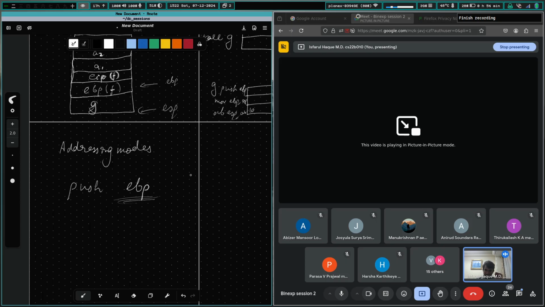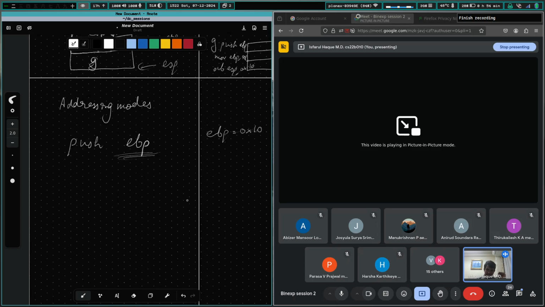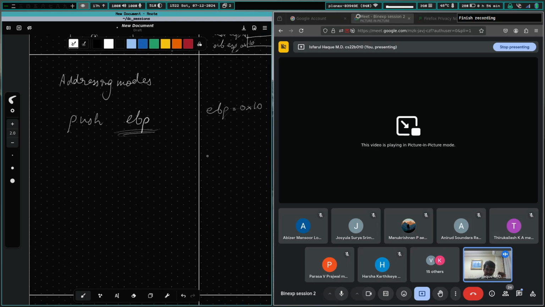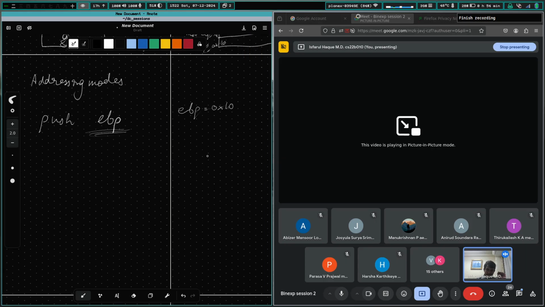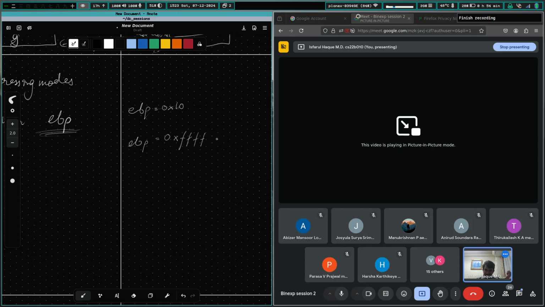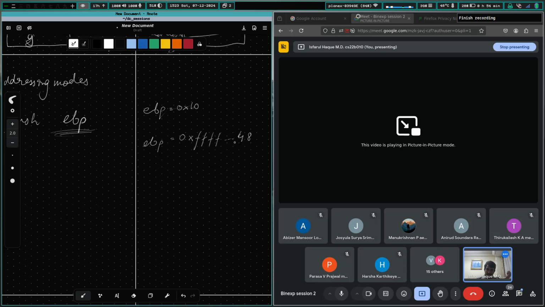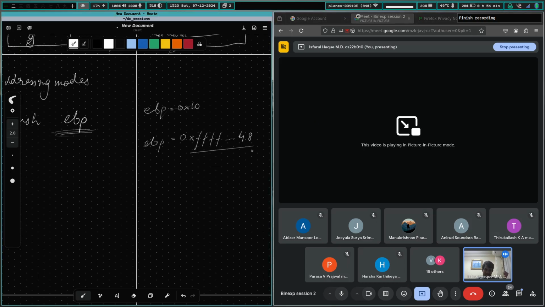Okay, so let's say EBP was 0x10. So you write the value of 0x10 to the stack. Now let's say EBP itself was pointing to some particular location. So its value was, I mean, 0x10 is also a valid address, first of all. 0xFFFF, a lot of Fs, 48. Okay. So this looks something like a memory location, right?